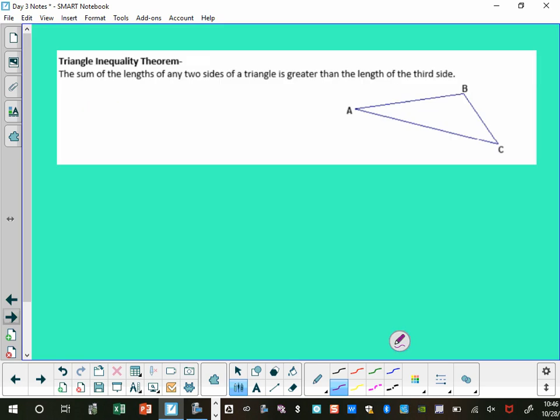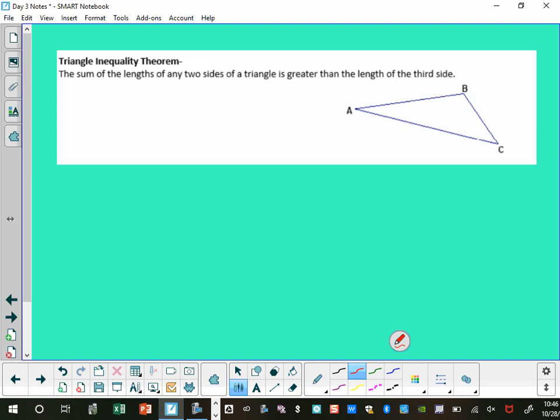Let's look at your triangle inequality theorem. This theorem says the sum of the lengths of any two sides of a triangle is greater than the length of the third side. I would probably almost never say this, but based on this figure, which one looks like it's the longest side? AC.